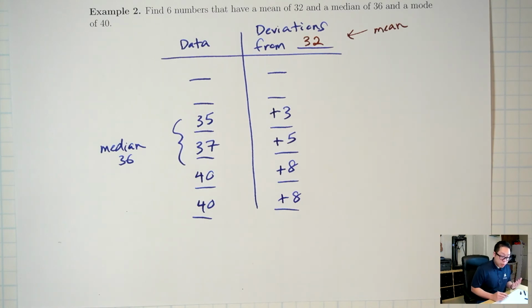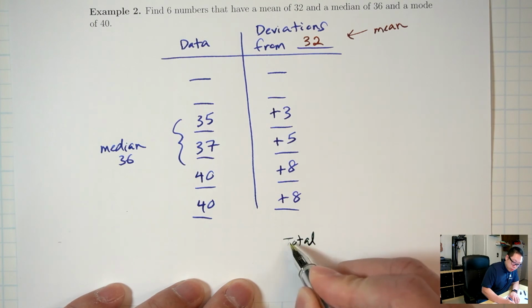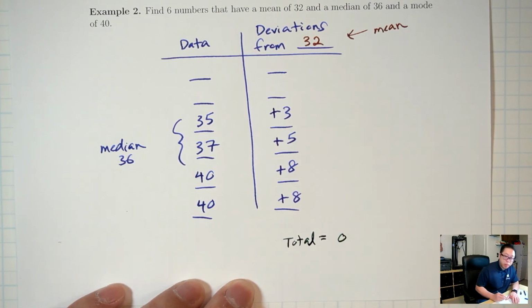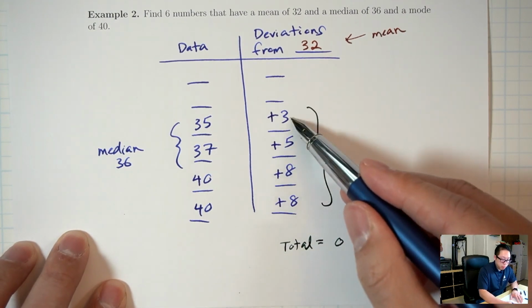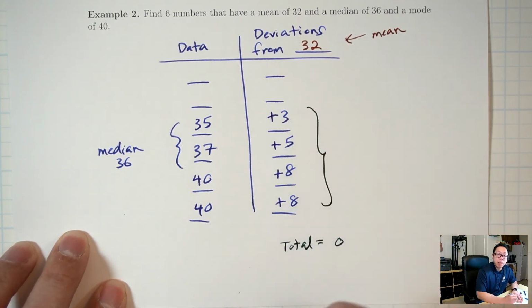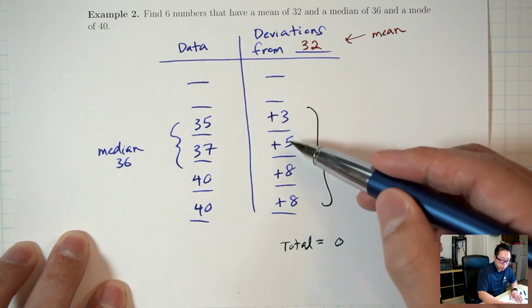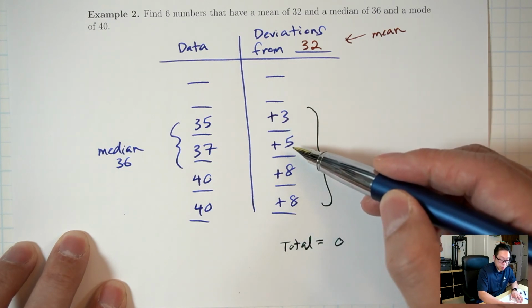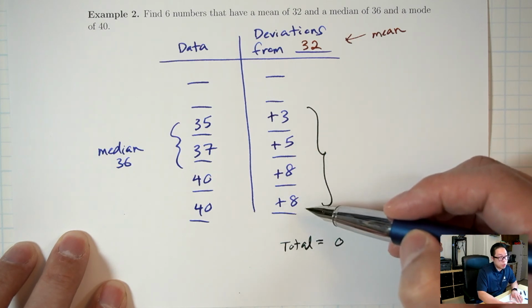Okay, so I want the deviations to add up to 0. So far, plus 3 plus 5 plus 8 plus 8. Together, that's currently plus 3 plus 5 is plus 8. 8 plus 8 is 16. 16 plus another 8 is 24.